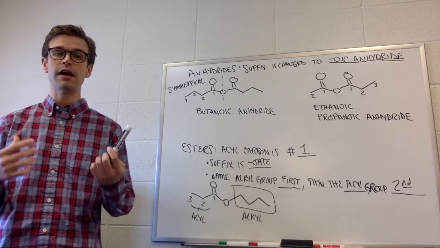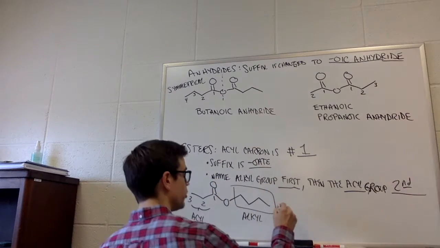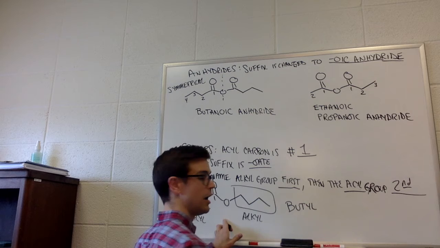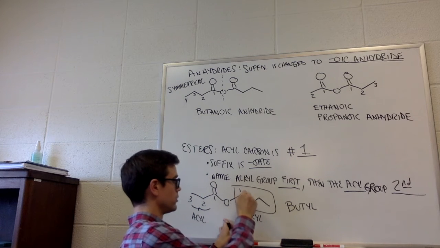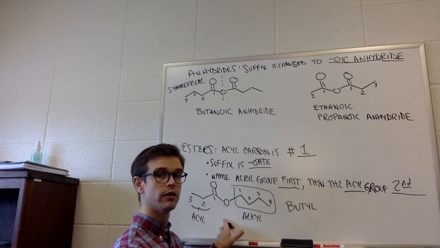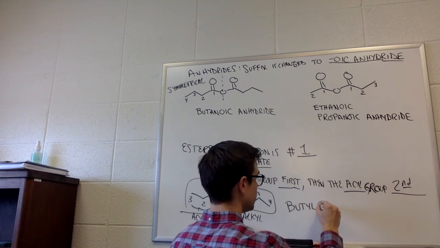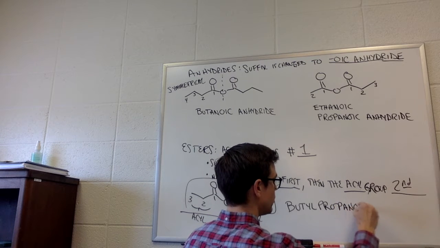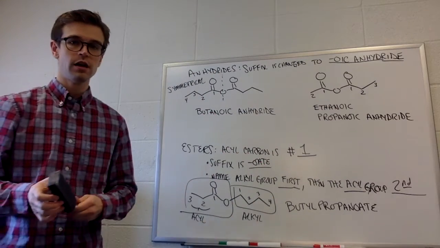A 4 carbon chain as a substituent is called butyl. And then we name the rest. So this is the butyl part, 1, 2, 3, 4 carbons long. And then this is the propyl part, but it's part of the ester. So we would say butyl propanoate. So that's how we would name that ester.